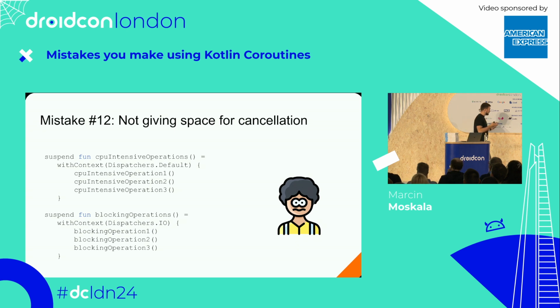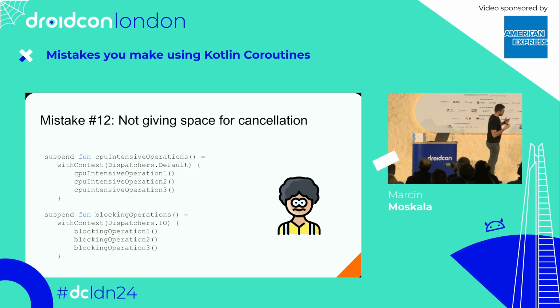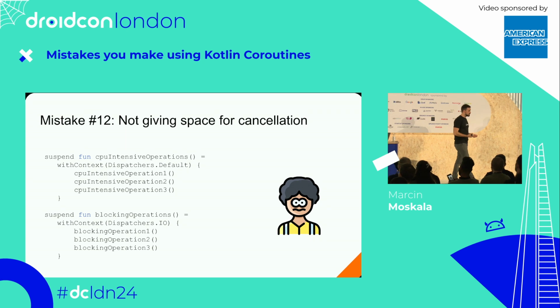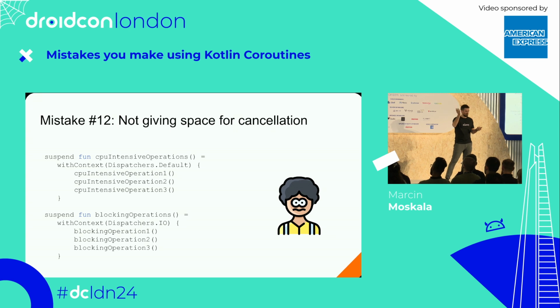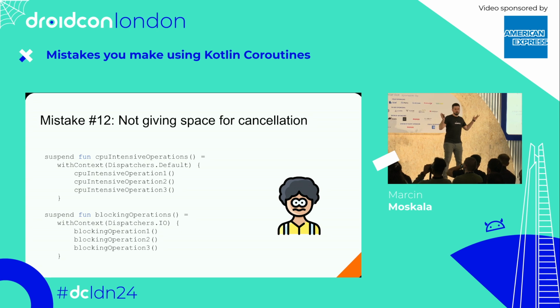Another thing, I told you that in Kotlin coroutines, cancellation mechanisms are based on suspending functions. A coroutine gets resumed with an exception, or if it reaches a suspension point, bam, it throws cancellation exception. And that's great. It's a great mechanism, but it is based on suspension. Okay, it doesn't work if you have no suspension.